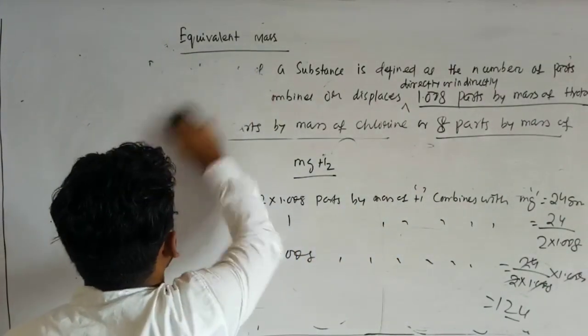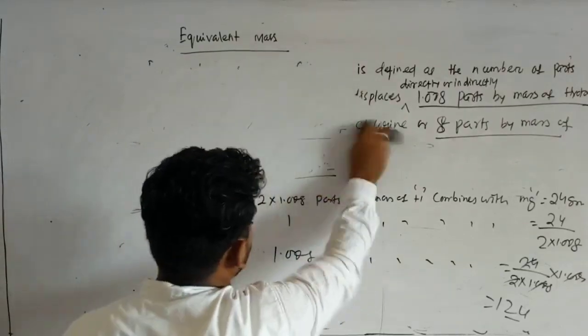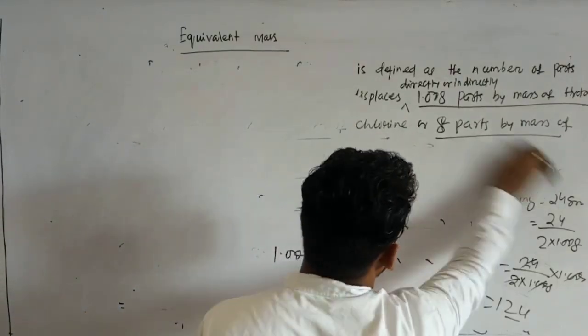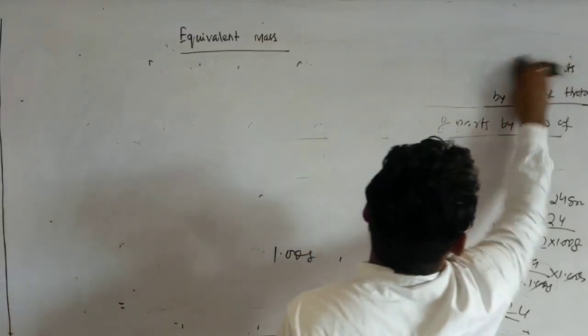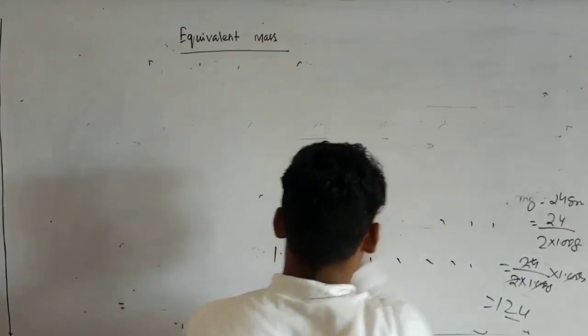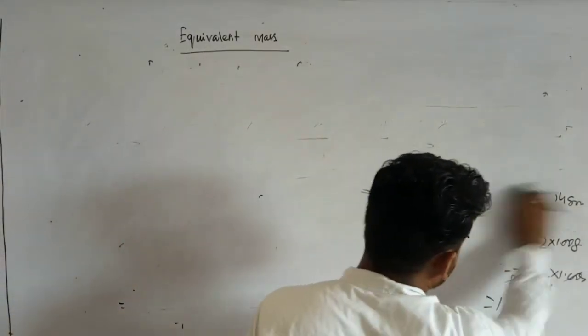Next formula is here. Just remember right now that equivalent mass and atomic mass are related to each other.